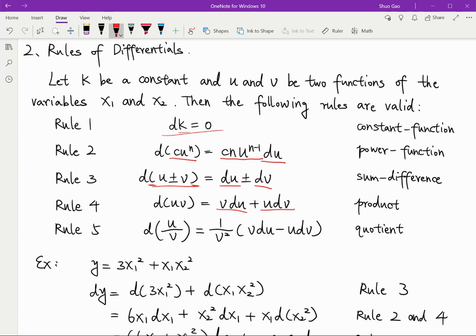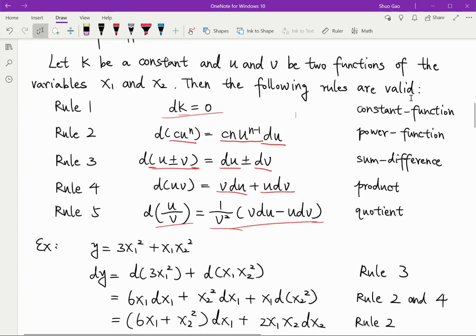They're slightly different, but really similar, right? And then rule 5 is called the quotient rule. The differential of u over v is 1 over v squared times v du minus u dv, right? Okay.